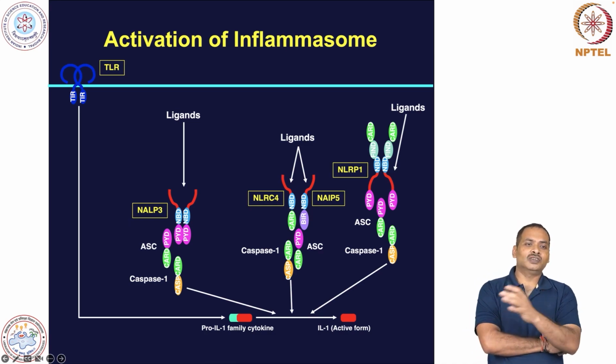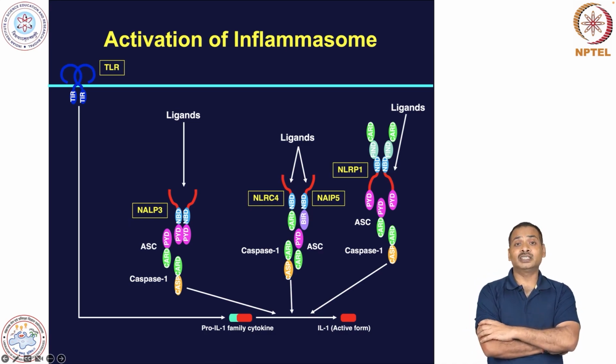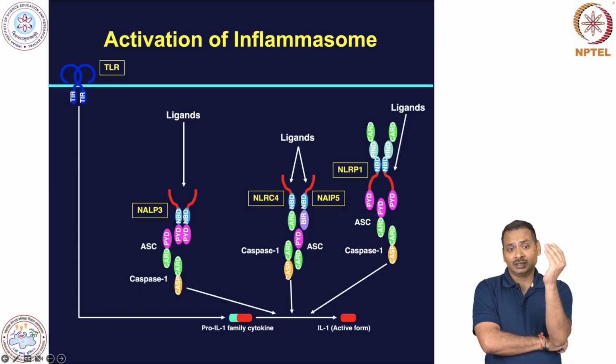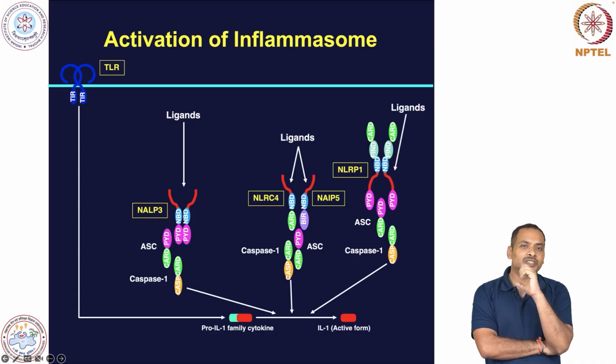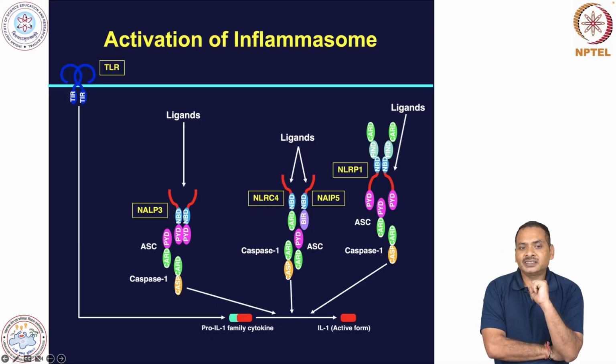So basically this inflammasome consists of an NLR family member. In the case of NLRP3, it is NLRP3, and there is one more molecule present, which we call ASC.